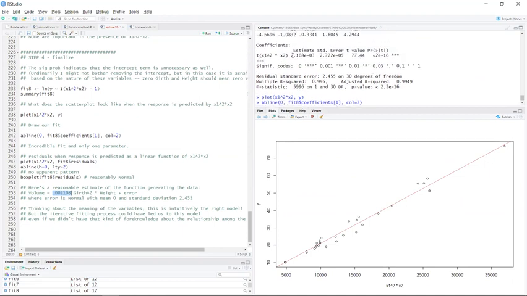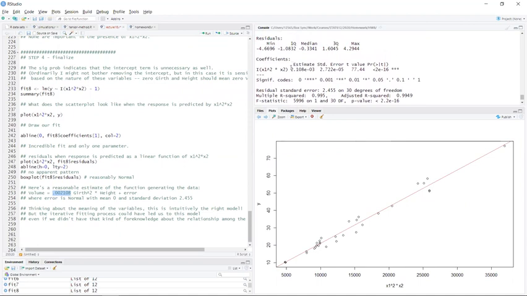The coefficient was right here in the LM summary, 0.002108, times girth squared times height. That was the only term that we ended up using, girth squared times height, plus some maybe normal error. It's reasonable to think that the residuals look normal, then that would indicate that the errors are normal. And what's our estimate for the error variance?